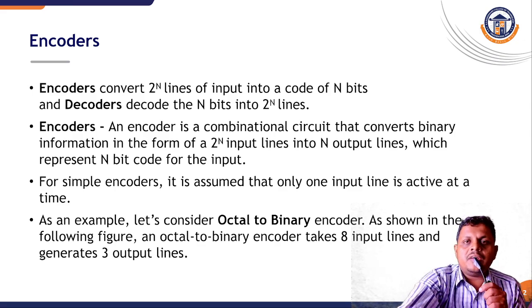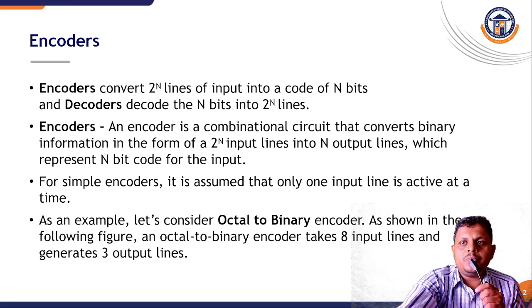And the purpose of the decoder is to decode the n bits into 2 power n lines. The function of the decoder is that the n bits received from the output of the encoder are converted into the 2 power n lines, and the transmission can be sent and received as the output.